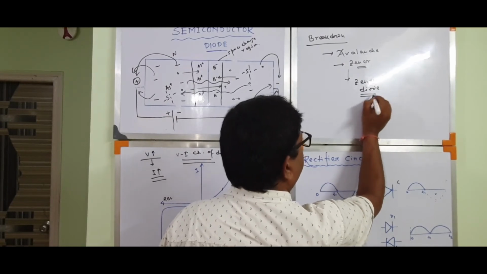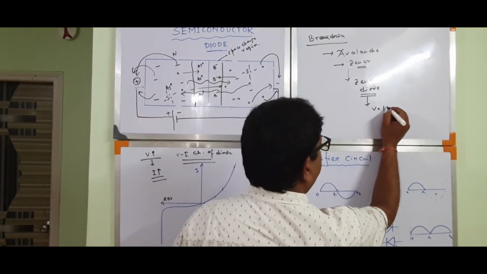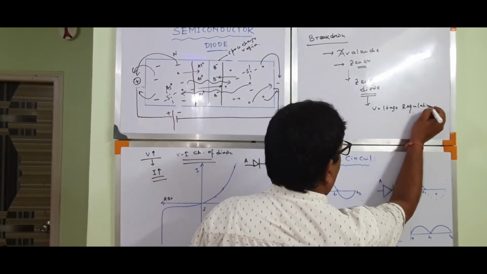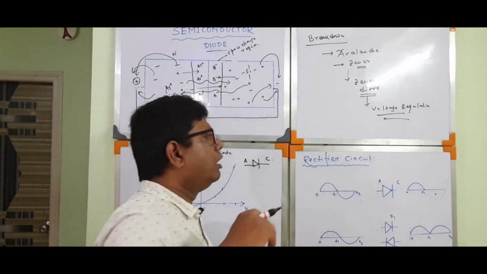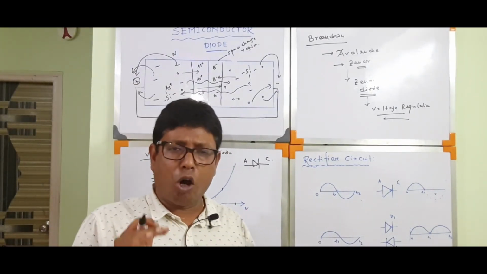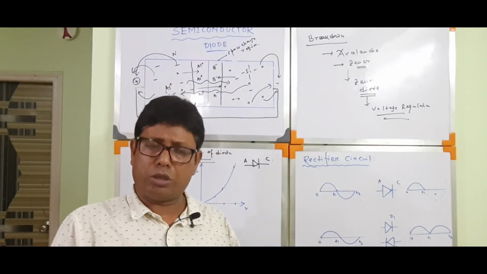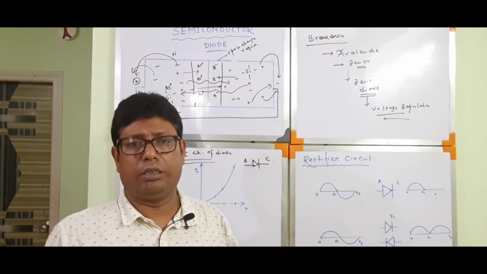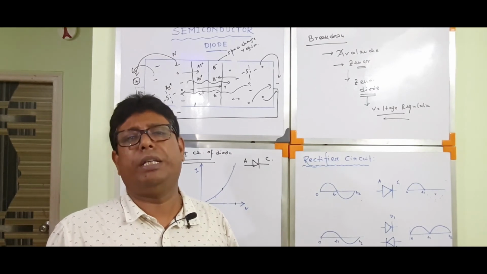Generally, the Zener diode is used for voltage regulation. What do you mean by voltage regulation? Voltage regulation means the output voltage will be constant irrespective of changes in the input voltage. Input voltage may change due to different causes.